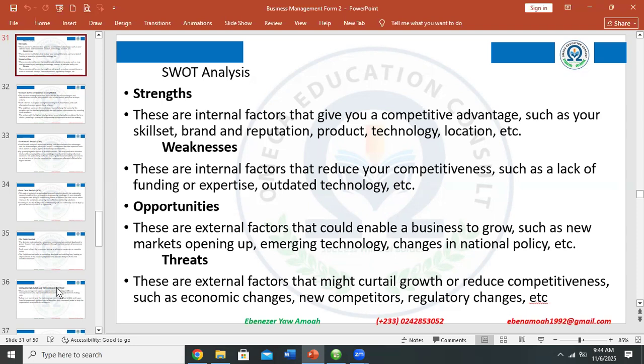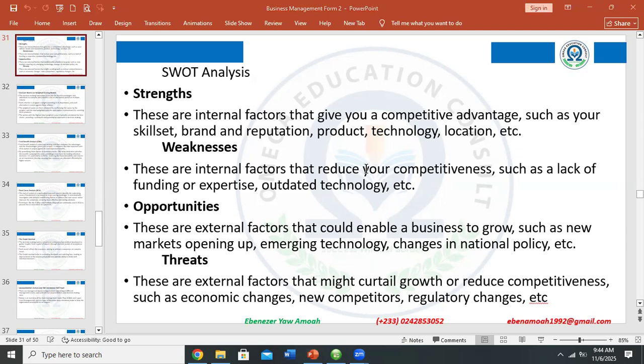Another one would be diligent managers, adequate capital. All these are internal factors that the business can manipulate. The technology they have, their brand, or the quality of the service they provide. All these are internal strengths. Some of the weaknesses may include lack of funding, lazy workers or incompetent managers.